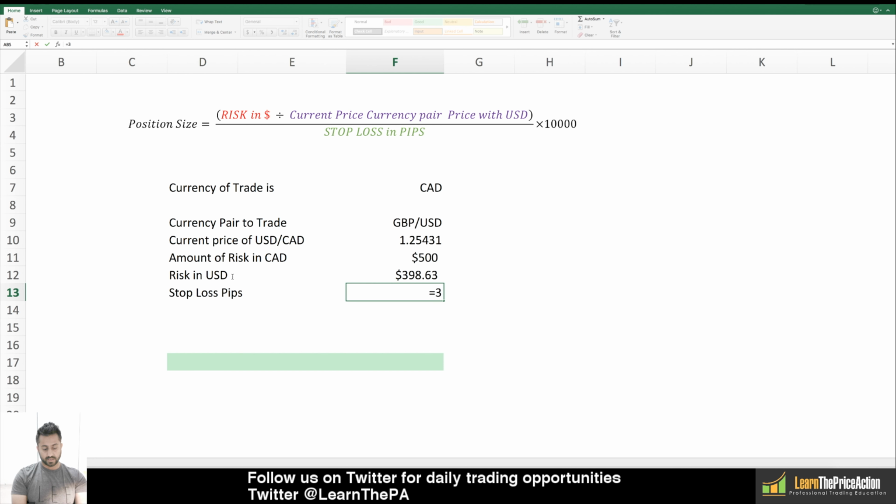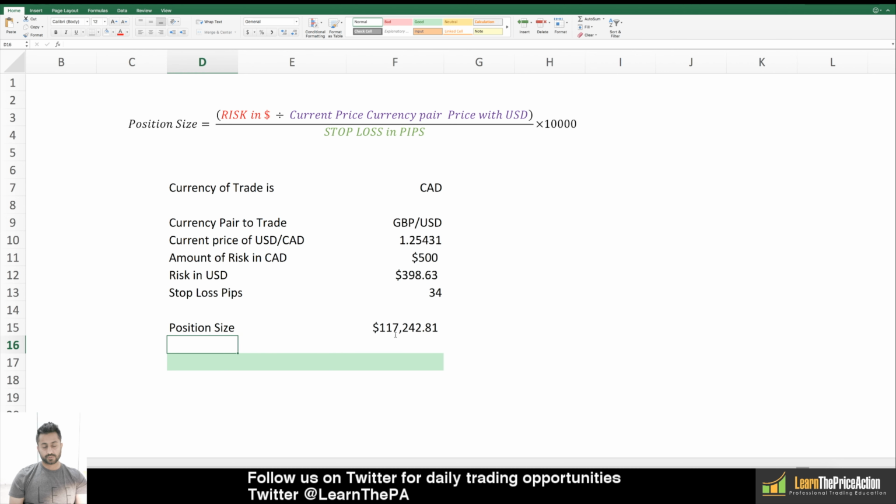And what's your stop loss in pips? Let's say we have 34, just a random number. Then the position size would be: you take the risk in US dollars, divide it by the stop loss, and multiply the whole thing by 4 zeros.